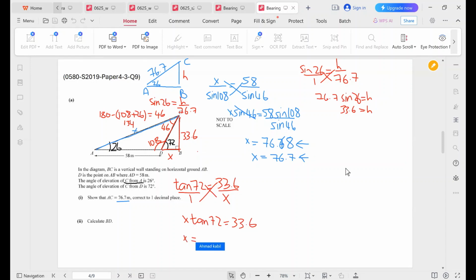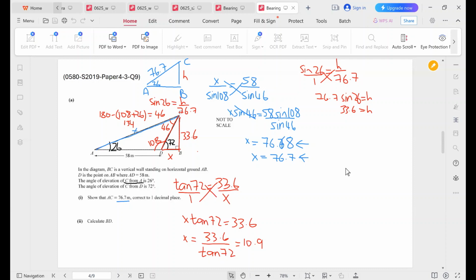X equals 33.6 divided by tan 72. So 33.6 divided by tan, excuse me, tan 72. This gives us 10.9, which should be our final answer.